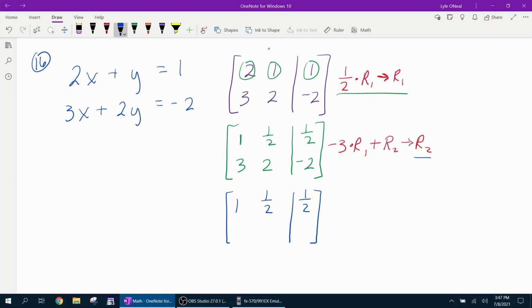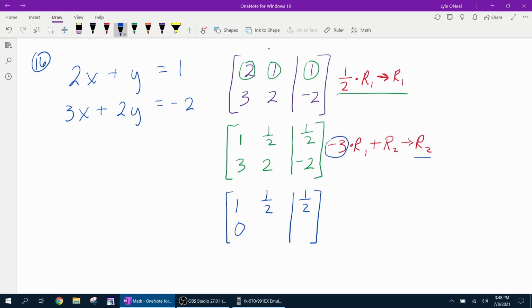Here we go. Negative 3 times 1 is negative 3. Negative 3 plus 3 is 0. So I'm multiplying by negative 3 and then adding to the corresponding element to get my new row 2 element. All right, let's rinse and repeat.